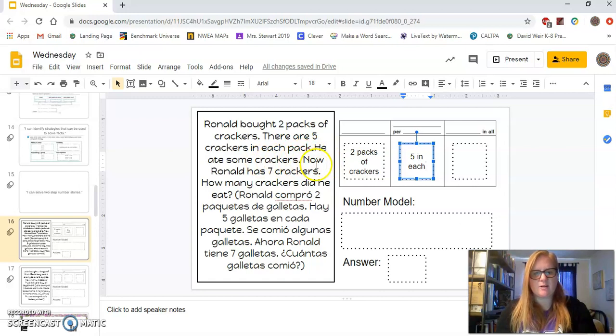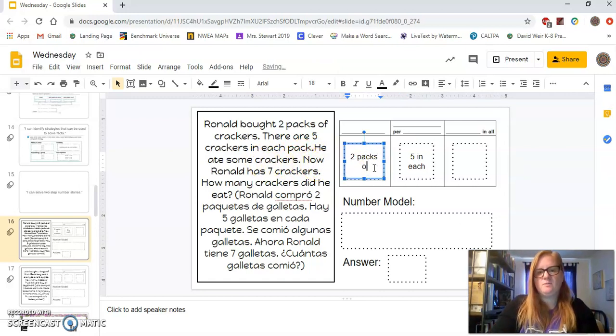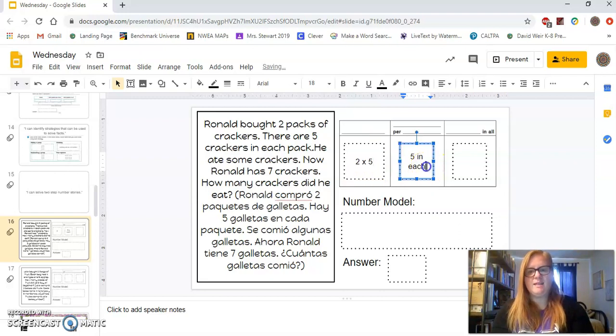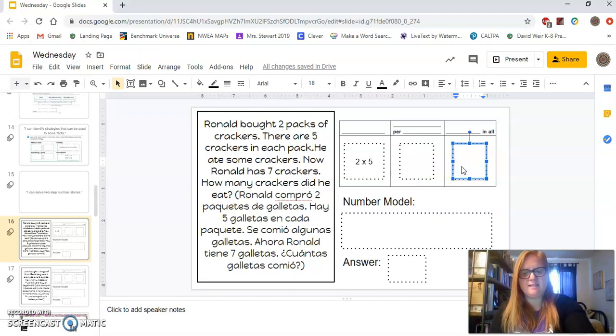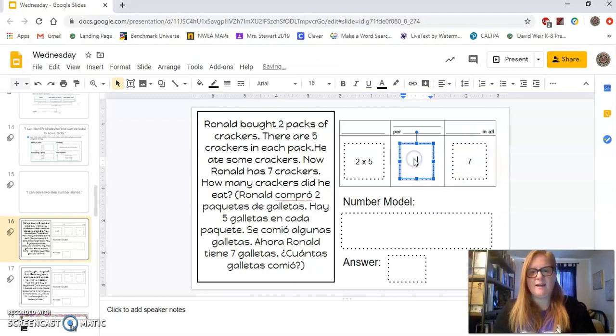He ate some crackers. Now Ronald, oh, now I remember. So 2 packs of crackers with 5 in each pack. I know I'm doing 2 times 5, right? And then he ate some. And now he has 7 crackers. So he has 7 crackers left. What I need to find out is this. How many crackers did he eat, right?